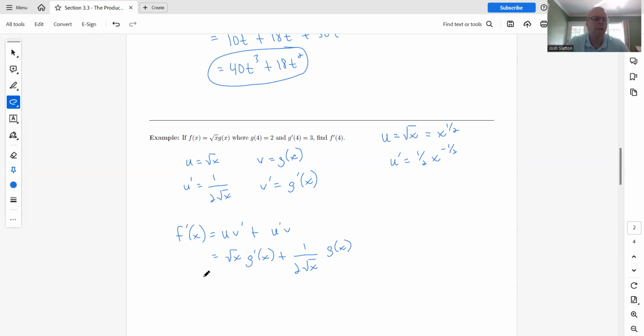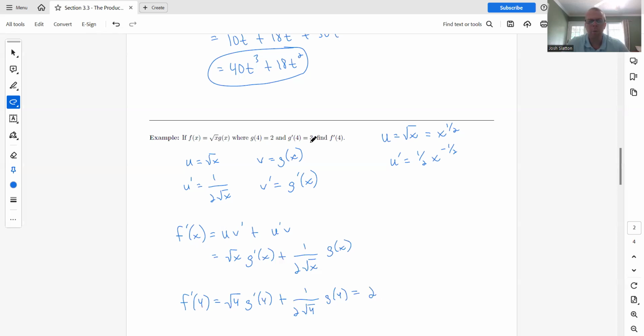Now we want to find f prime of 4. So now we're just going to plug 4 in for all of our x's and simplify. So we have square root 4, g prime of 4, plus 1 over 2 square root 4, and then g of 4. All right, square root of 4 obviously is 2.